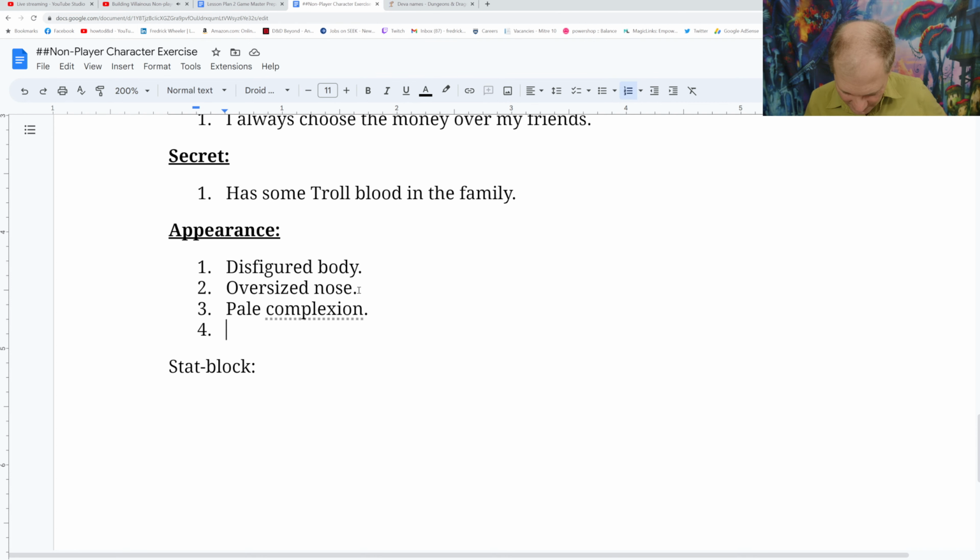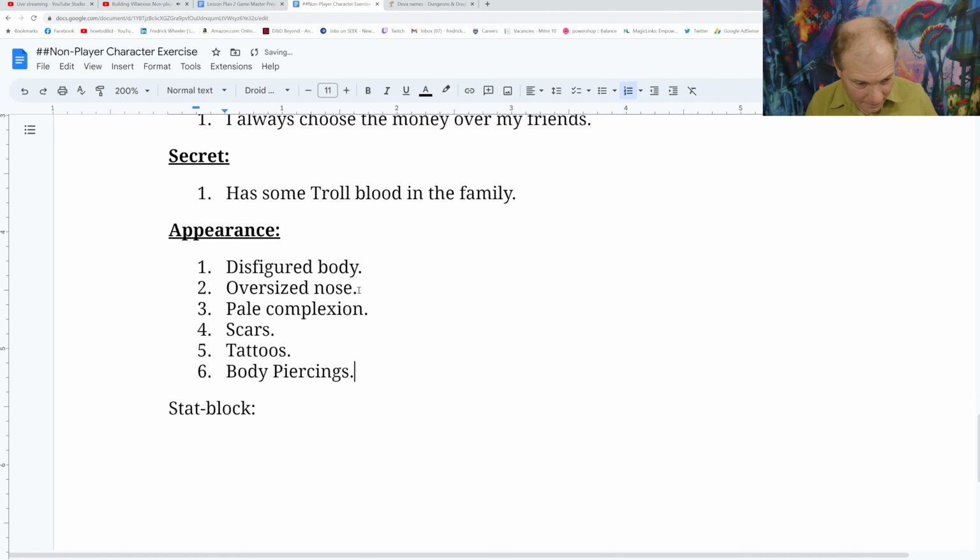Piercings, tattoos, scars. Tattoos. Body piercings. That's really all it needed to be. You didn't need to say every single piercing wherever it's going to be.